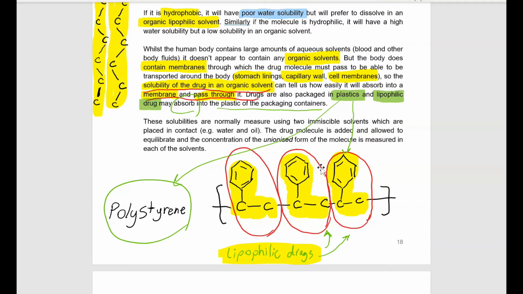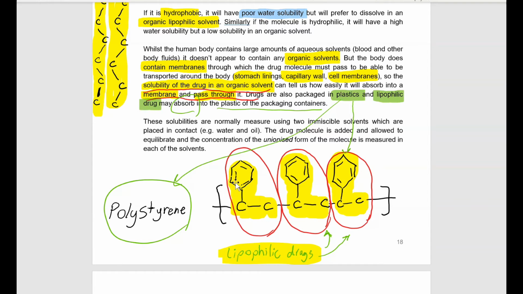So if a drug is really dissolvable in an organic or hydrophobic solvent, plastics are hydrophobic or lipophilic. As you can see, I've written one plastic polymer, polystyrene. Polystyrene has a lot of carbons without any electronegative atoms like nitrogen, oxygen, fluorine or chlorine.